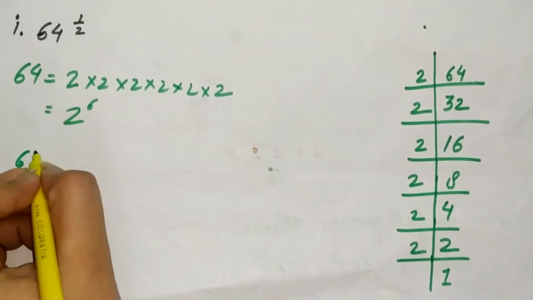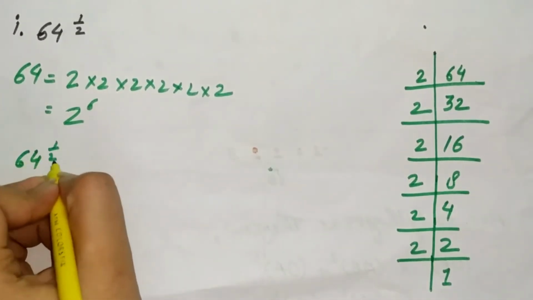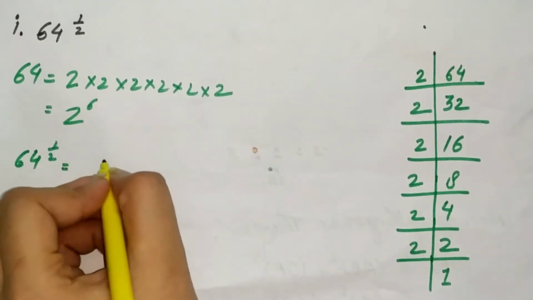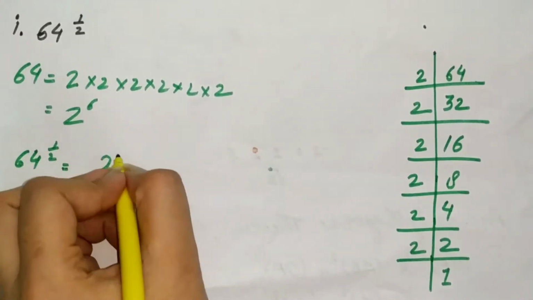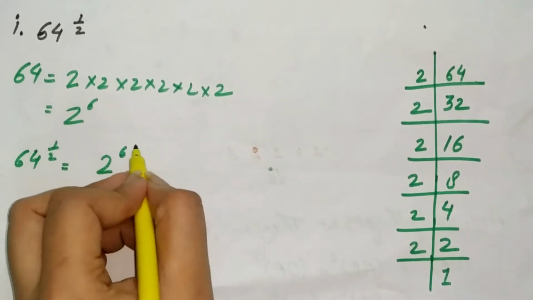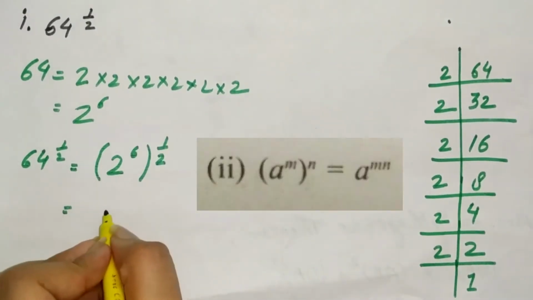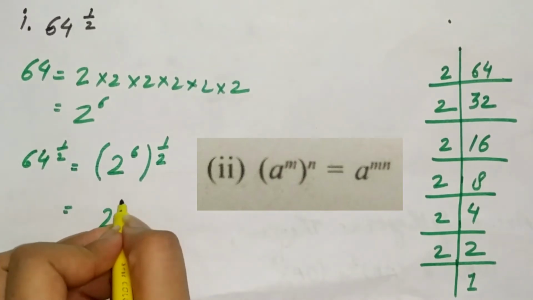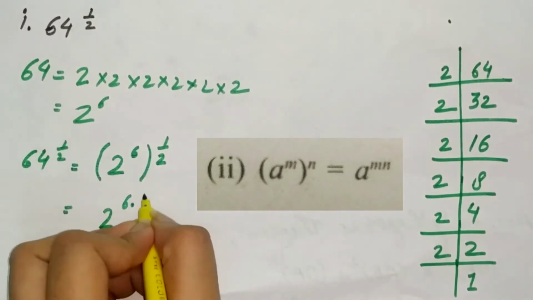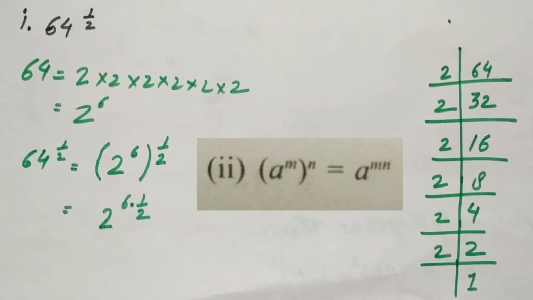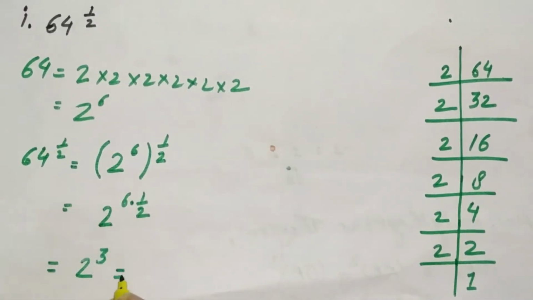Now 64 raised to the power 1 by 2 could be written as 2 raised to the power 6. Remember the law of exponent? 2 raised to the power 6 multiply 1 by 2, which is equivalent to 2 raised to the power 3 or 8.